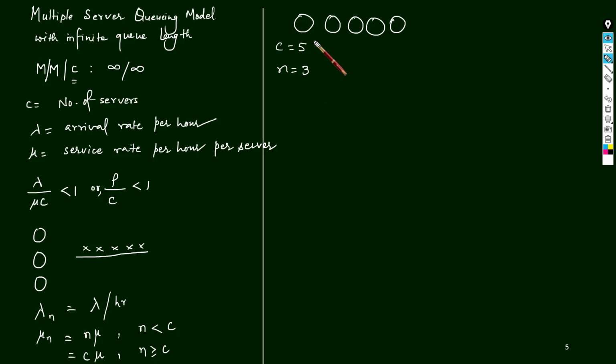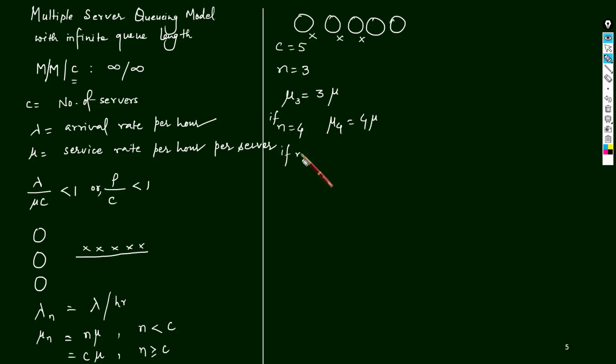They will approach 3 servers and get their service done, and 2 will be idle. So what is the effective service rate? Only per server the service rate is mu, and 3 servers are engaged, so 3 mu. If n is equal to 4, then mu 4 is equal to 4 mu.